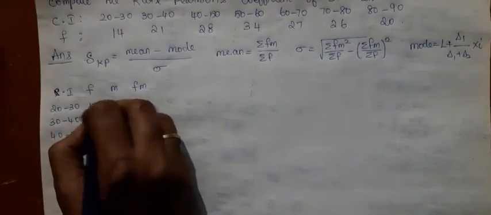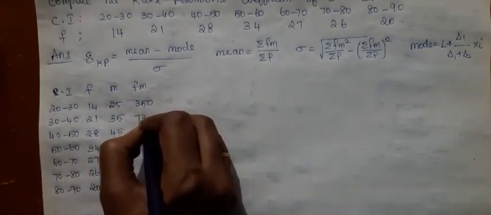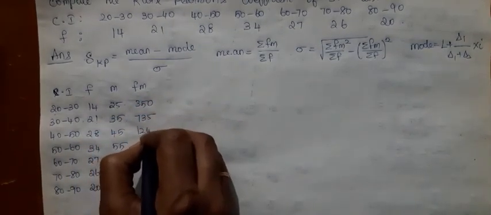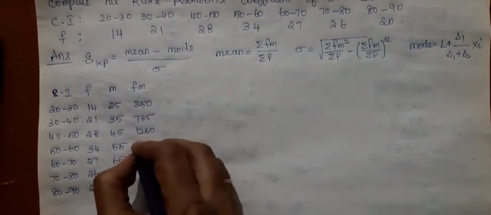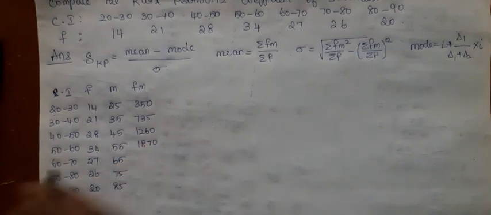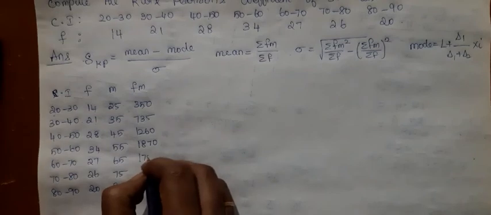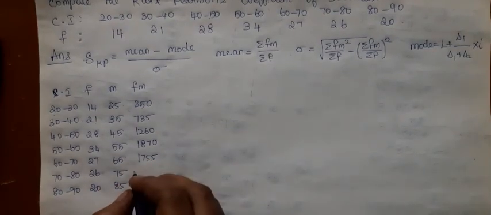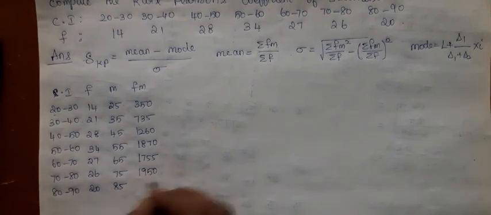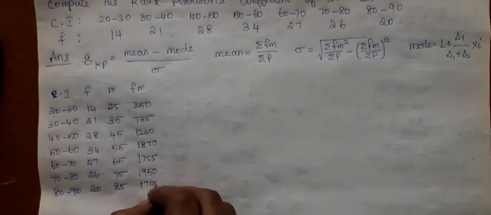For the Fm values, multiply the corresponding values, such as 26 into 75 and 20 into 85.